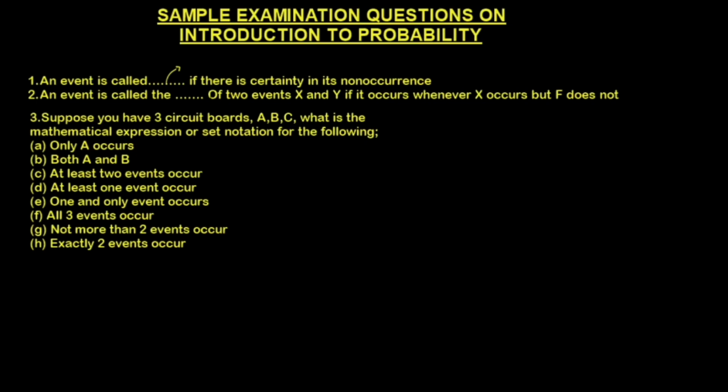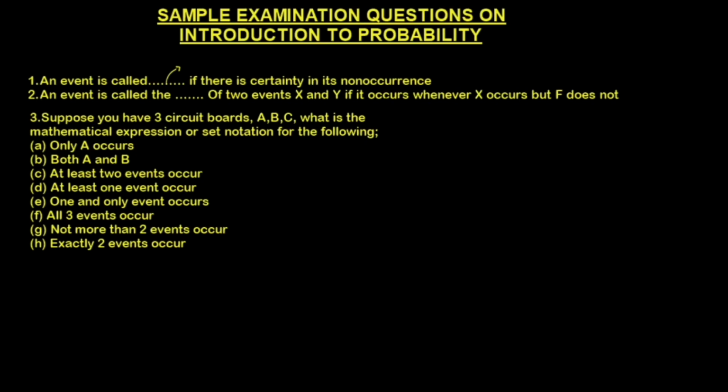If you don't understand the definitions under probability, you will find yourself wanting. So I have made an arrangement that I'm going to define all definitions under probability. That's why I include these two questions, and they are from examination questions, and they are also examinable.